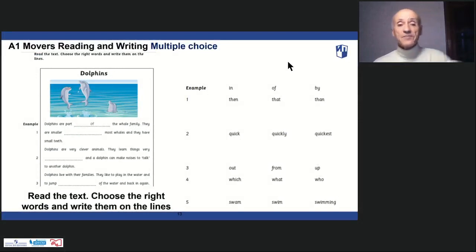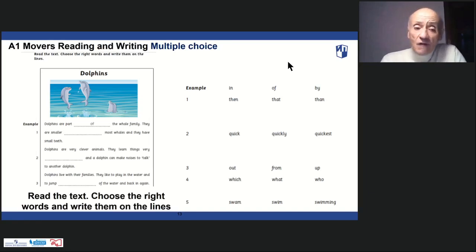A1 Movers, reading and writing, multiple choice. That's a new format introduced to the examination. Read the text, choose the right words, and write them on the lines on the right.